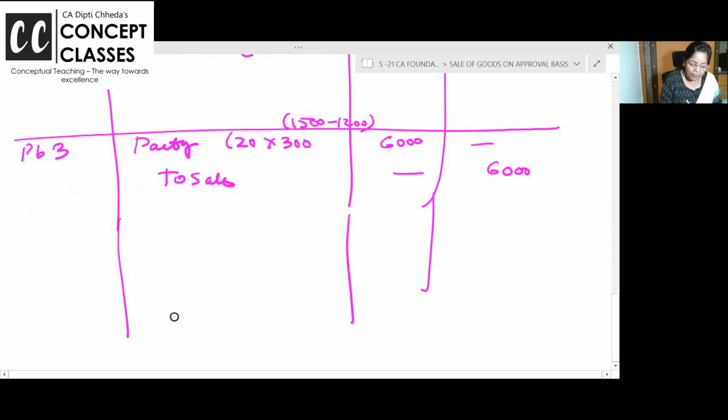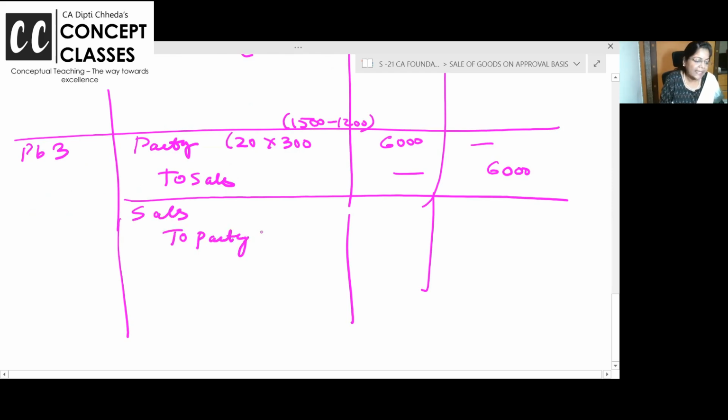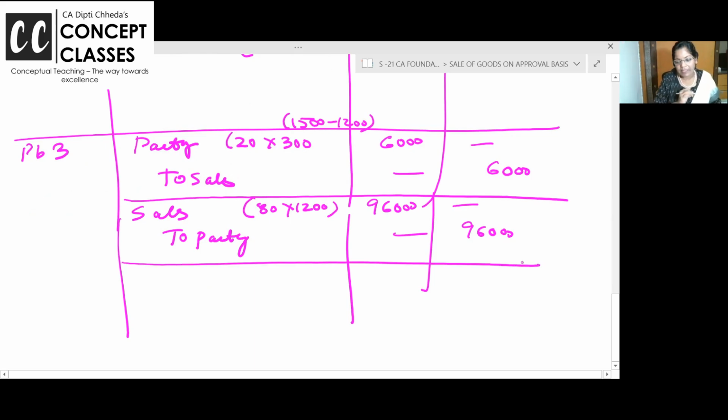Now, reverse the sales to party for the goods which are not accepted. So they are 80, not accepted at 1200 selling price. The party to sales entry of 100 is already passed. So 20 you have accepted at additional value, we have booked. And 80, reverse the sales to party. Now last.